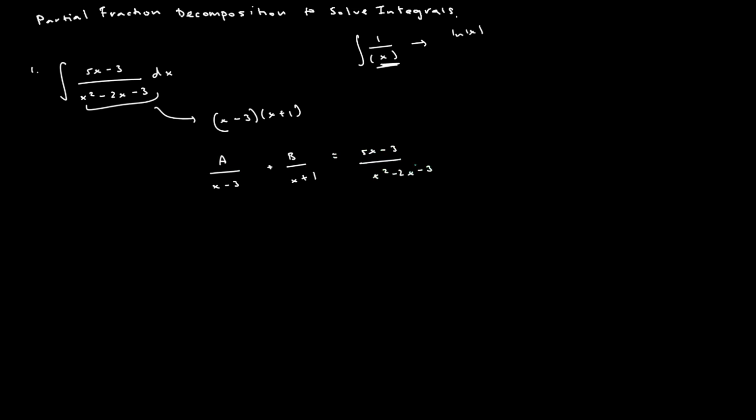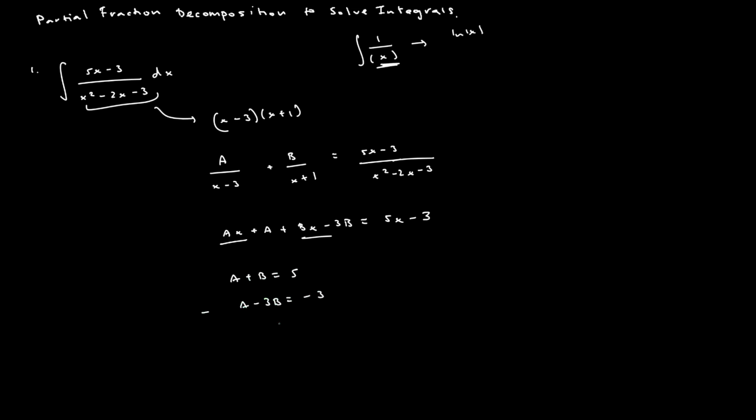The system of equations that we get is ax plus a plus bx minus 3b is equal to 5x minus 3. Taking the like terms, we get a plus b is equal to 5, whereas a minus 3b is equal to minus 3.